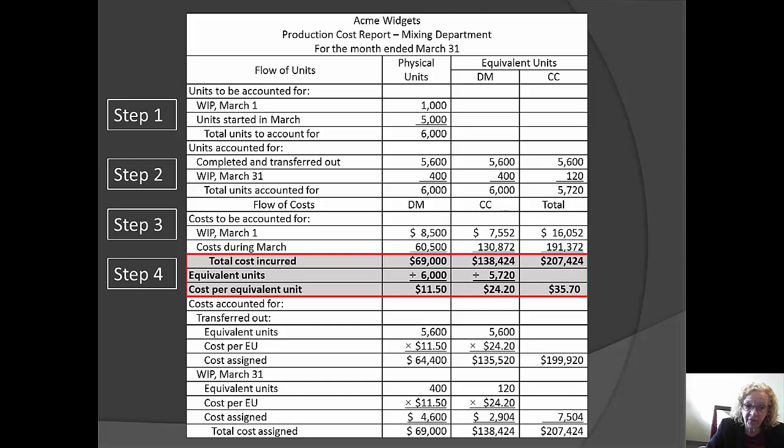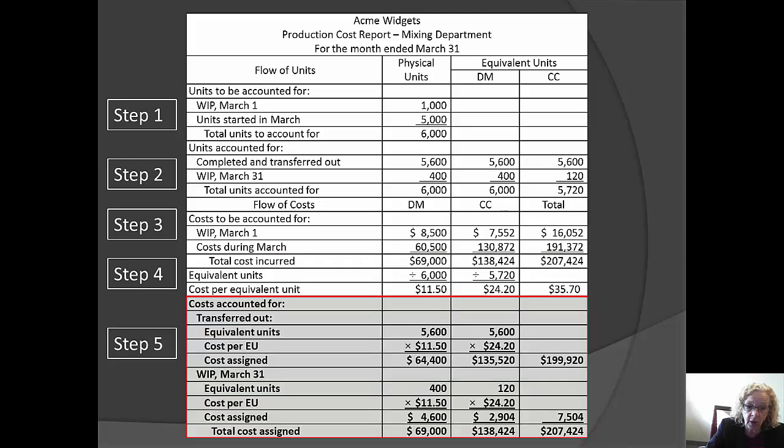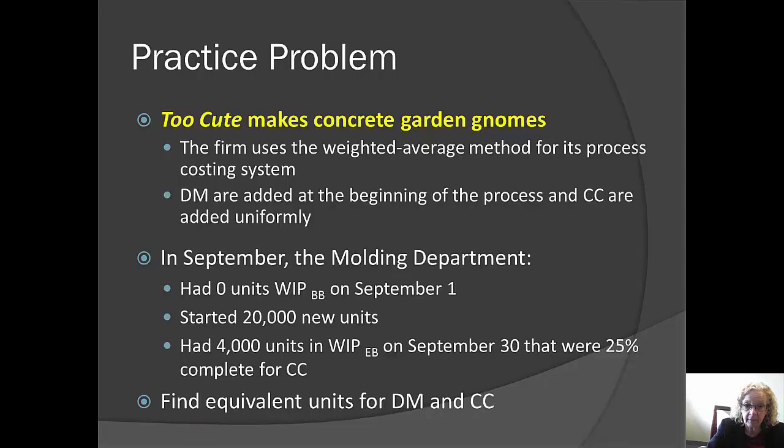Finally, step 5 answers the question, where did these costs go? We use the number of equivalent units and the cost per equivalent unit to determine the costs assigned to the units that got done and the costs assigned to the units that were left in ending work in process.